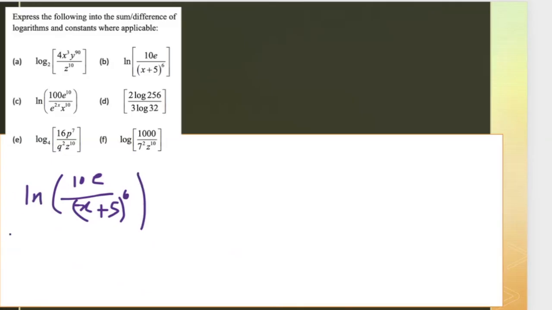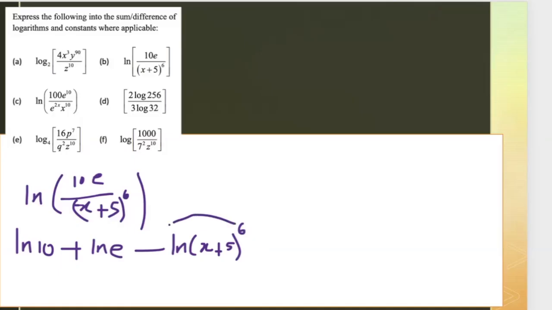So the 10e is being multiplied, so that's why I'll have this as ln 10 plus ln e, minus, this is not being multiplied and it is raised to a power. So I'll just have this as ln of x plus 5, because there's no rule for me to split the x plus 5. So we're going to leave it as it is, raised to the power 6.